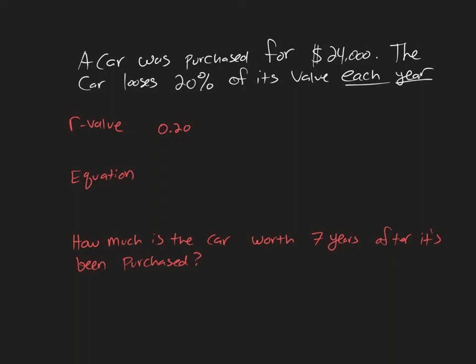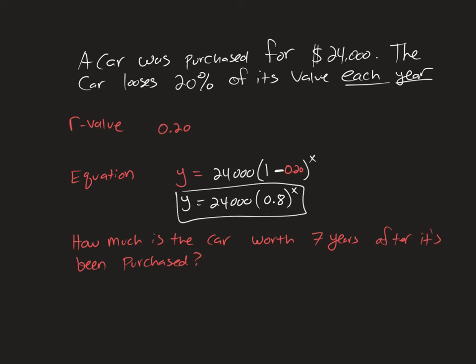So my equation is y equals the initial amount, 24,000, times 1 minus the 20% as a decimal. And so the equation is 24,000 times 0.8, because 1 minus 20% is 0.8.